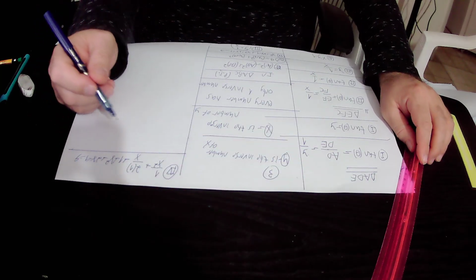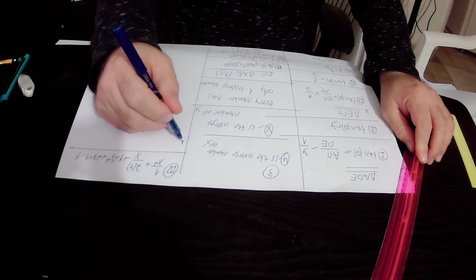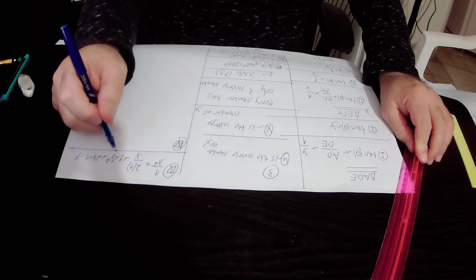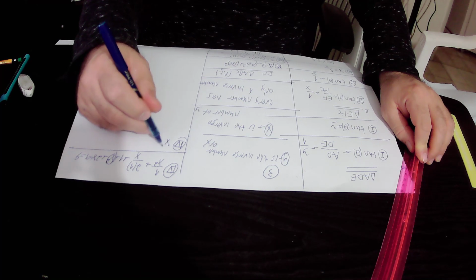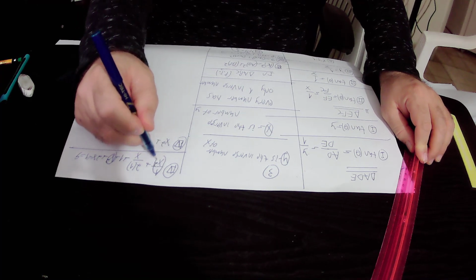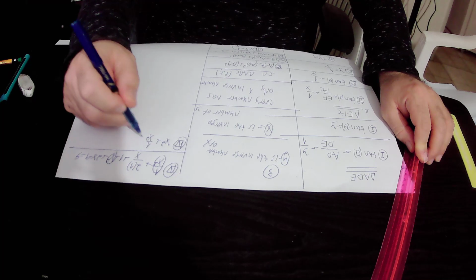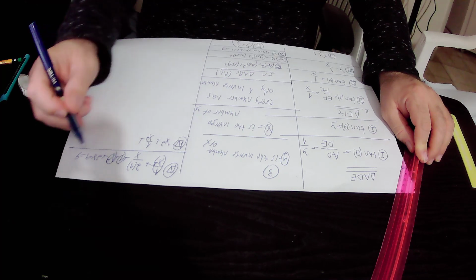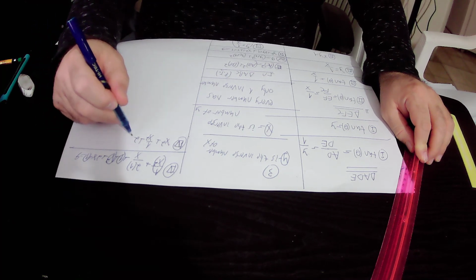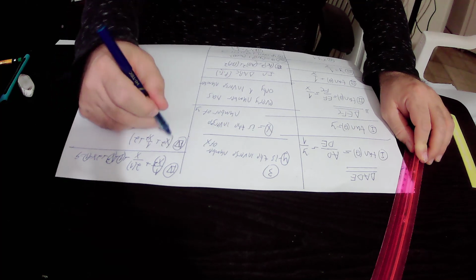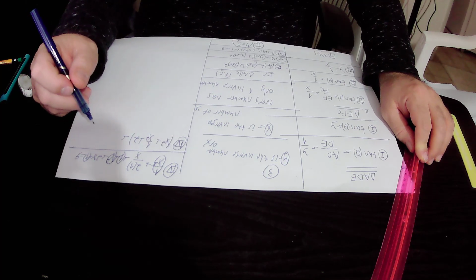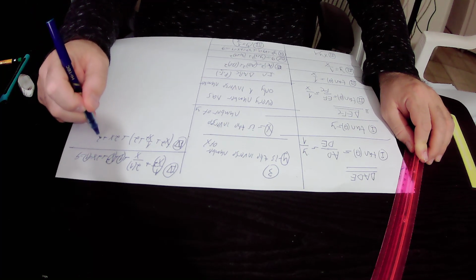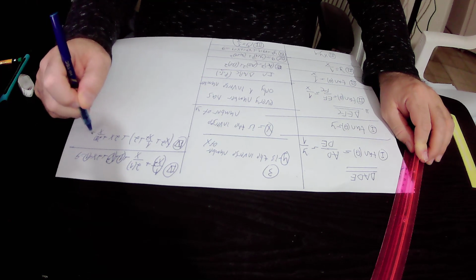Here we will organize the expression in a different way, and we will get that x squared plus 1 over x squared plus 1 plus 1 is 2, so plus 2, plus 2x plus 2 times 1 over x equals 9.